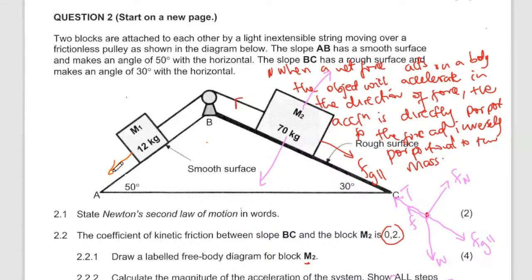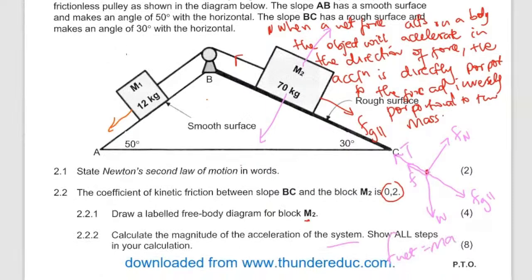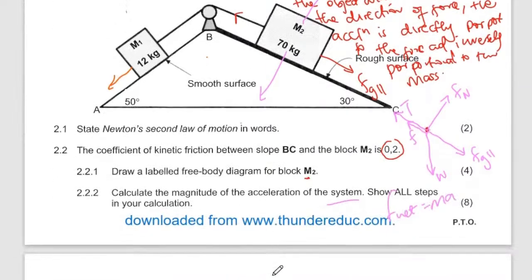Let me try to look at the entire body. Makes sense. Let me look at body A, the M1. So when I look at M1, if I assume that this system is going to move in this sort of direction, which means the tension here must be greater. F net is equal to MA.